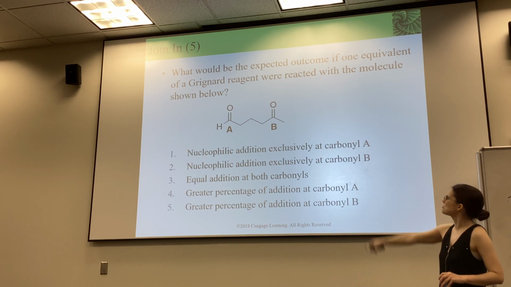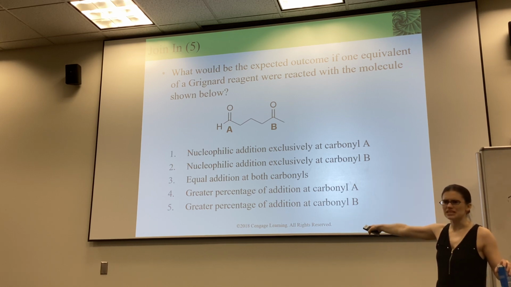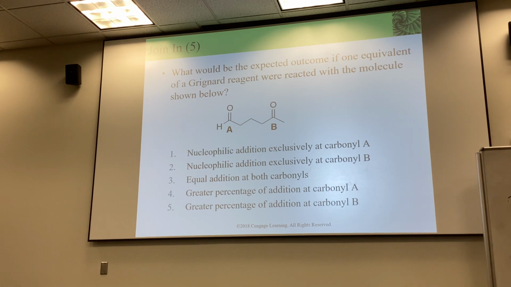And good luck separating all of those different products that you get on a column, because columns are terrible. But yeah, so A is gonna react a bit better. So you're gonna have more addition here, but you can't stop it from adding here. Does that make sense?